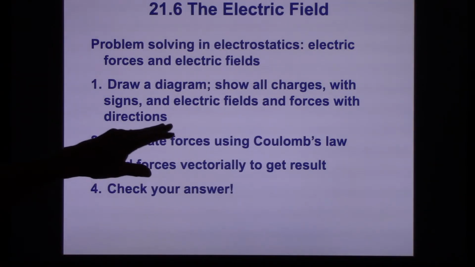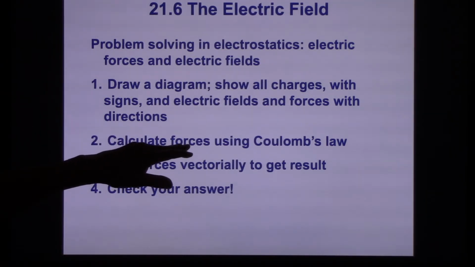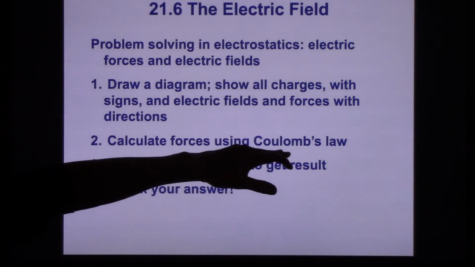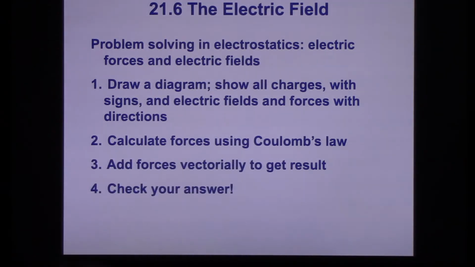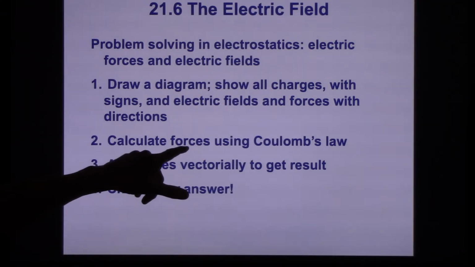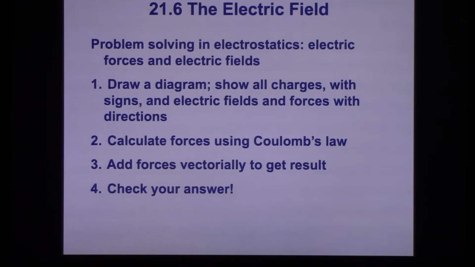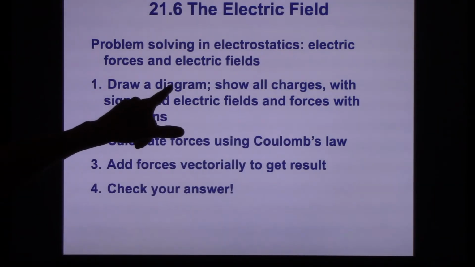Then calculate the magnitudes of those forces and fields using our formulas. So using the electric force formula and the electric field formula, you can calculate how much force, how much field there will be. Then apply those to the diagram.